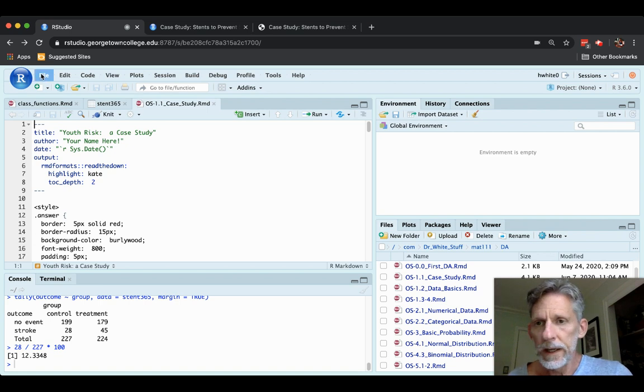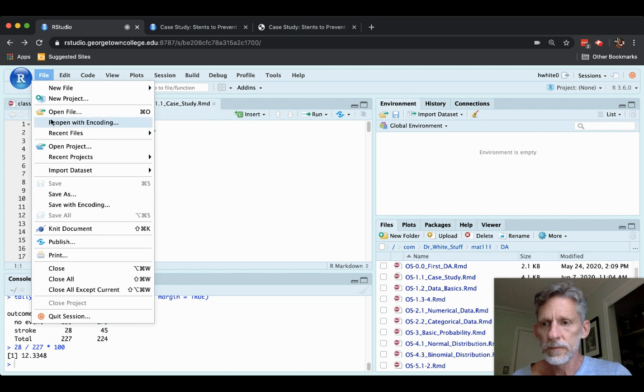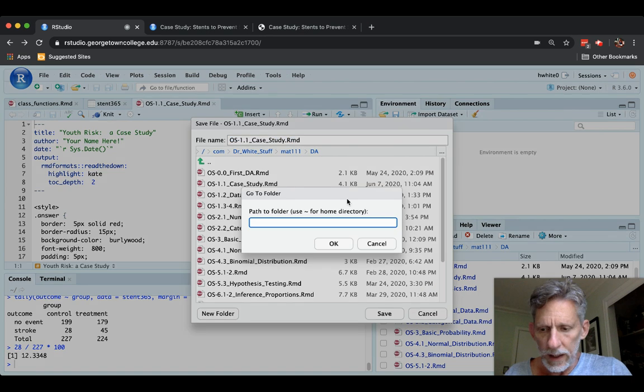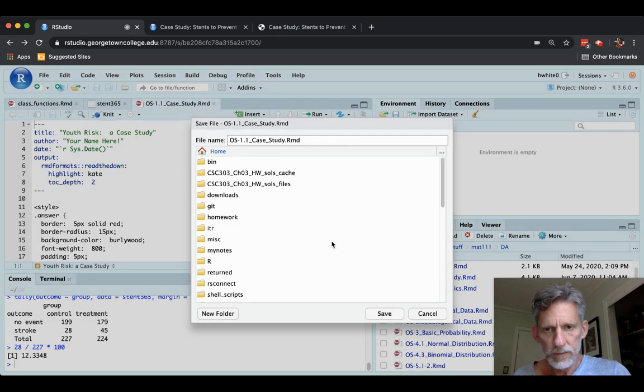And so I head right away to File, Save As. And right now the dialog box has me looking back into that same DA directory in that common folder where I cannot store anything. And so I want to push the twiddles that they tell me about here to head back to my home directory.